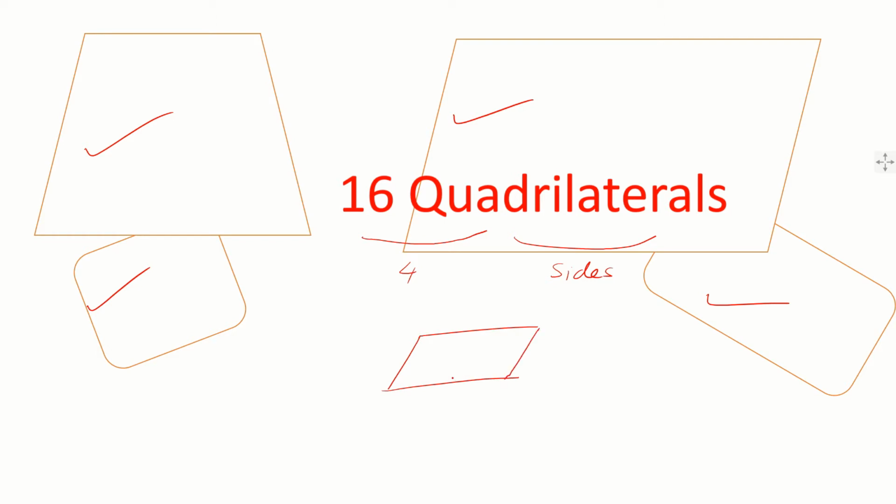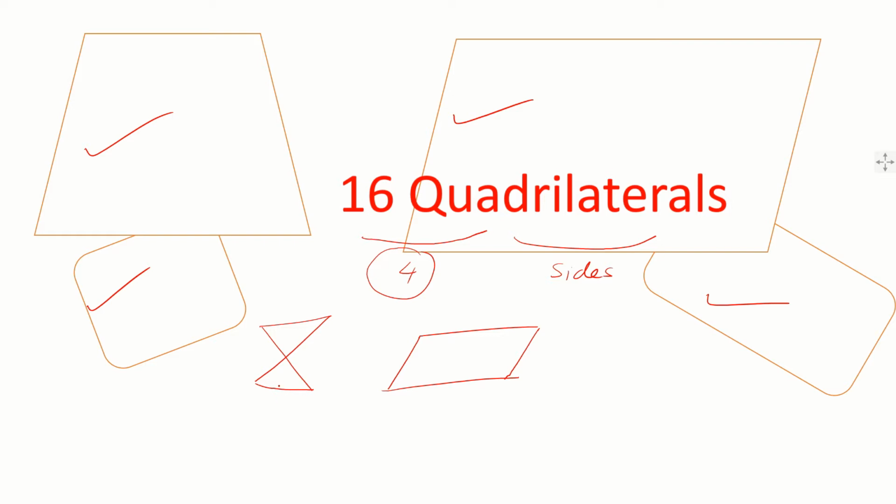Why did I say can be? There are certain situations where the quadrilateral name cannot be given to certain figures because there are conditions in the definition of quadrilaterals. Of course, quadrilaterals are 4-sided, but if you are drawing a figure like this, this is not a quadrilateral.